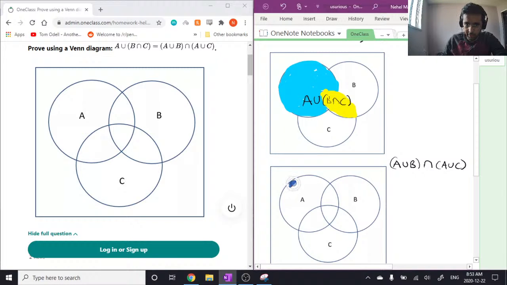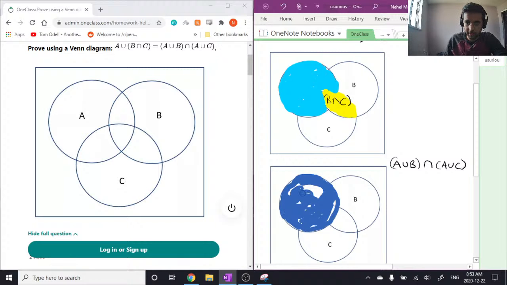So all of it, up till here, and then the union of all of B. Let me just shade all of this so it's visually clear what A union B would be.